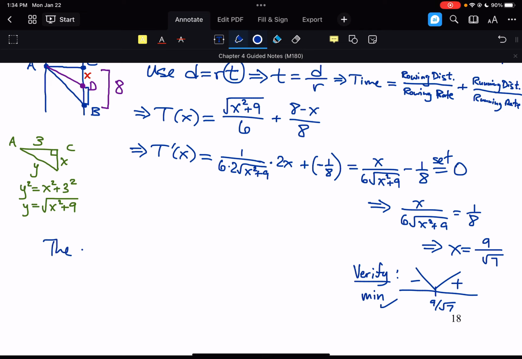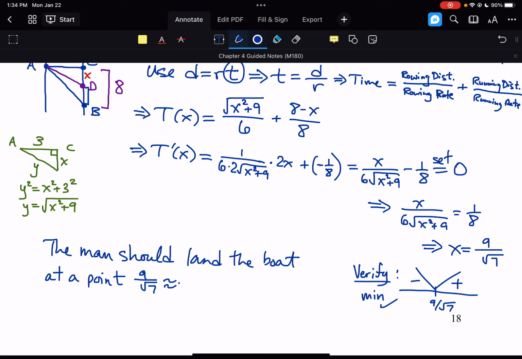So we'll say the man should land the boat at a point 9 over rad 7, which again is approximately 3.4 kilometers downstream to get there as quickly as possible.